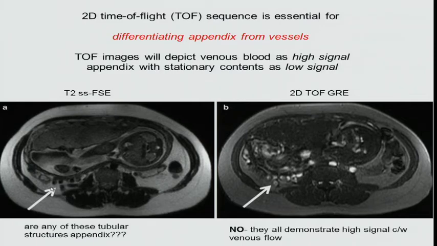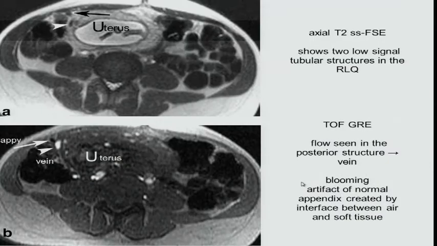So we look at all these, and all of them over here are returning a signal. So we've saturated everything in this slab, and all of those are giving us a signal. So what does that tell us? It's blood flow, because that's the only way you're going to get new, fresh protons that are going to be able to give you a signal.